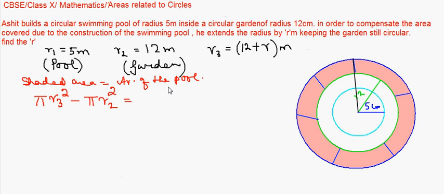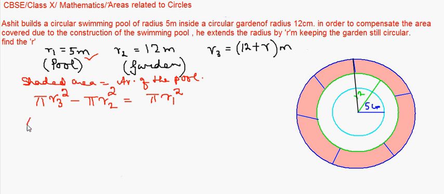This is equal to the area of the pool, pi r1 square, where r1 is 5. So this is our formula which will help us find r3.